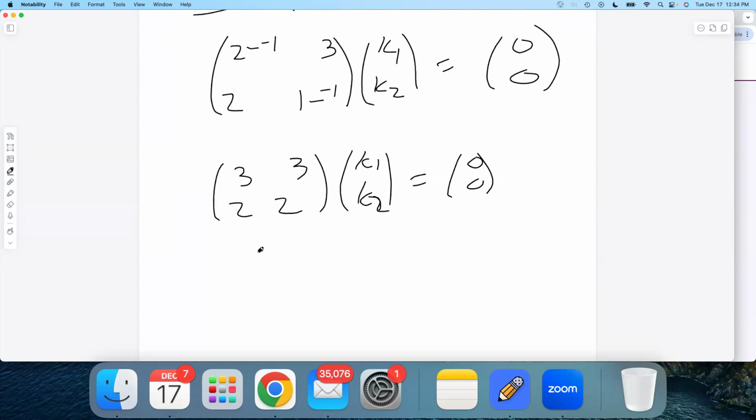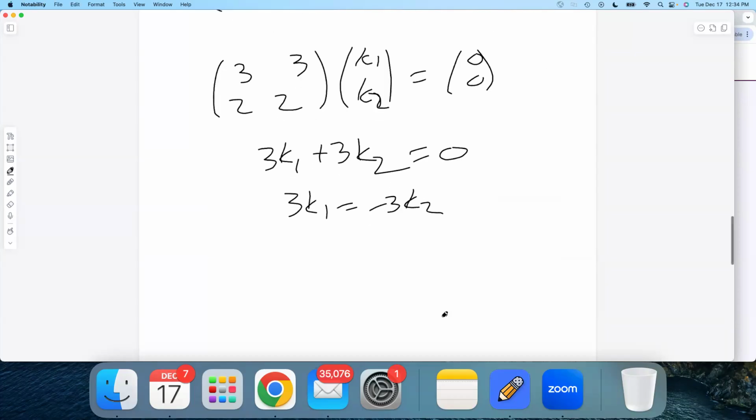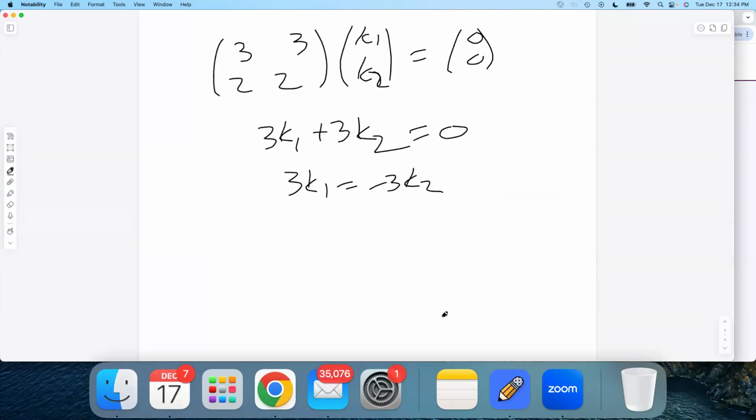Okay, so I only need the top row. 3k1 plus 3k2 equals 0. Move this guy over. And then I could play the swap coefficients game, or I just like smaller numbers, so I'm going to cancel out the 3. Boom, k1 equals -k2.